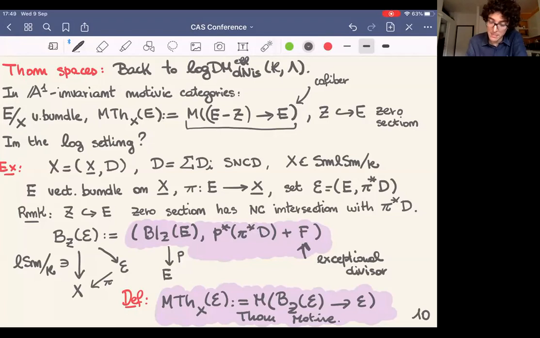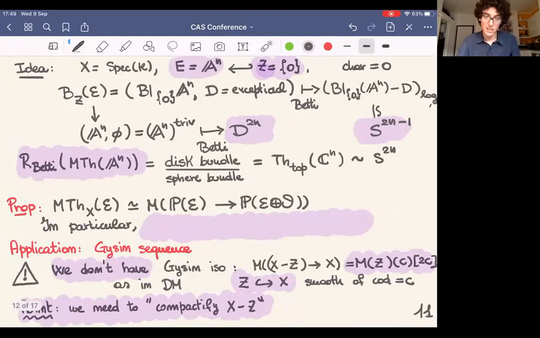So this E minus Z, this complement of a zero section, should rather be replaced by the pair E comma Z, but Z is not a divisor, so this is not really a log scheme. So what you do is blow up so that you get a divisor, and this gives you a log scheme.